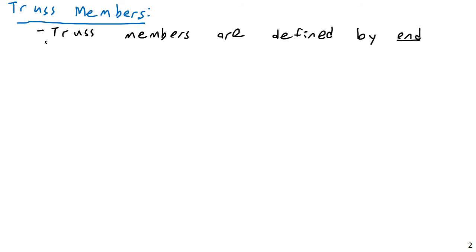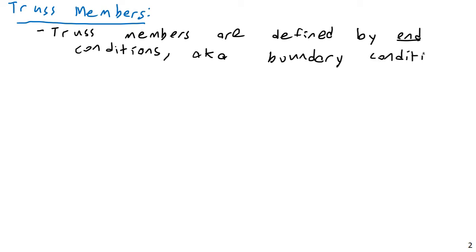And in physics and math, we refer to these as boundary conditions. You may remember that term from differential equations and from physics courses. We're going to use that term a lot in this course, aka boundary conditions.